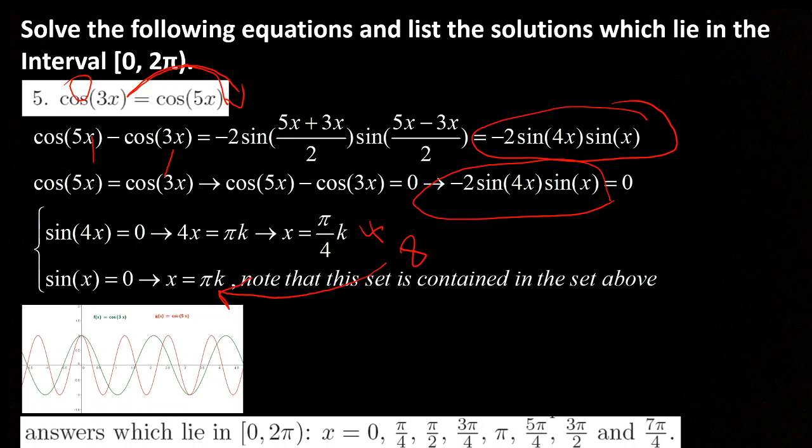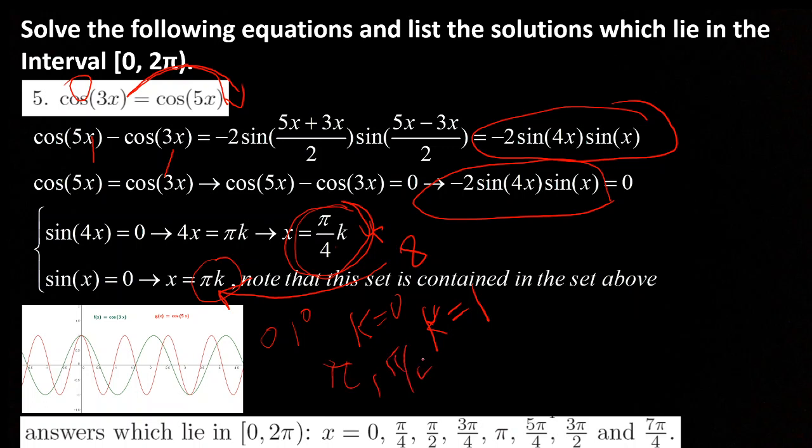And answers which lie in 0 to 2 pi would be, well, when k is 0, when k is 1, when k is 2, when k is 3, you all get answers from here, right? So here you only get answers when k is 0 and 1. But over here, when k is 0, we get 0 from here, and we get 0 from here, which is the same. If k is 1, we get pi from here, and we get pi over 4 from there.